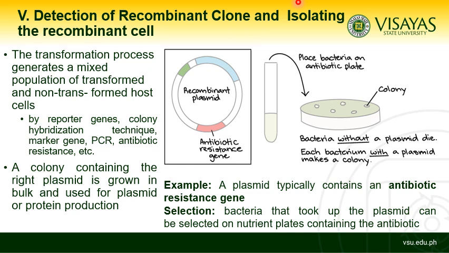So we can't use just one colony and reject the others, because there are instances where the plasmid is present but the gene of interest is missing, since the plasmid carries resistance genes. If the plasmid was inserted but has no gene of interest, it still doesn't make sense, because we are actually interested in the gene of interest.